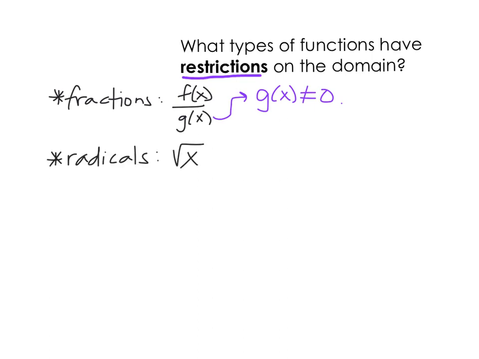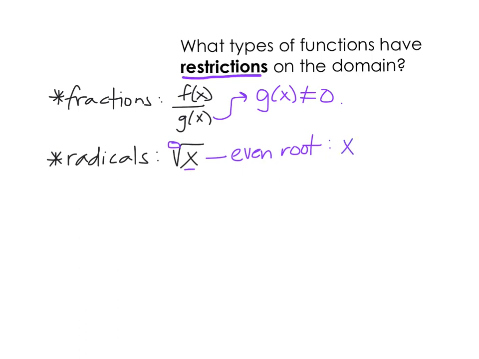The next type of function that could tentatively have a restriction in your domain is if you have a radical. Now, what makes a radical specific is the type of index number that you have. If the index has an even value, so that you're taking an even root, we can only take even roots when the value on the inside is greater than or equal to 0.